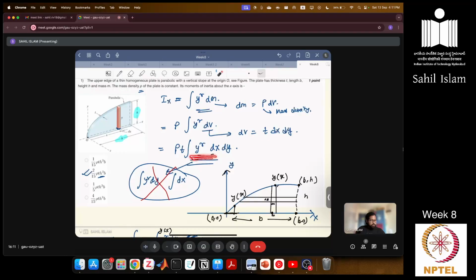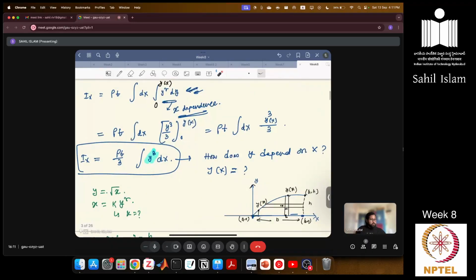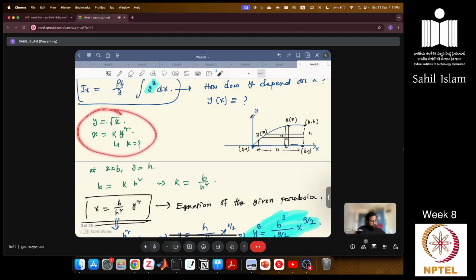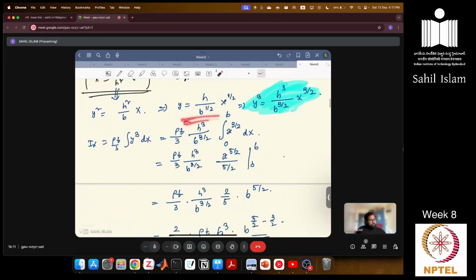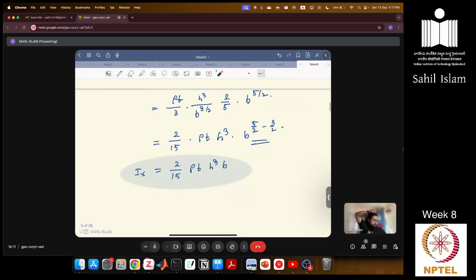But for this integration, we need to find the equation of this parabolic line, and this parabolic line's equation is this with some boundary condition. We found this is the equation. With the help of this equation, we put it back and do this integration, choose our limits properly, and get to this result.